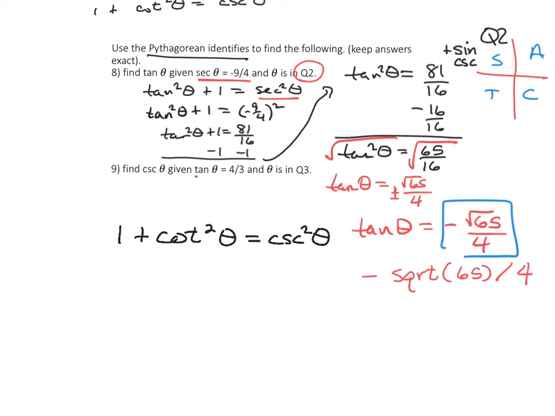I'm going to change tangent into its reciprocal, and I'm going to make this cotangent, and I'm going to flip it. Now I can replace this with the 3/4.